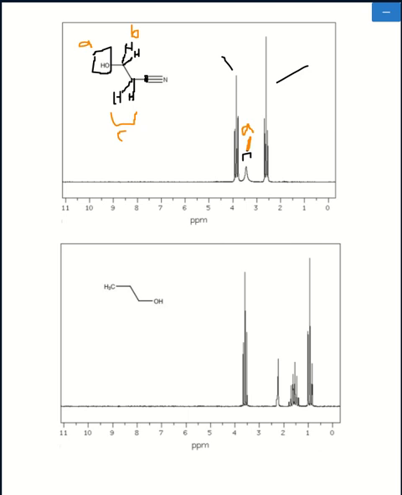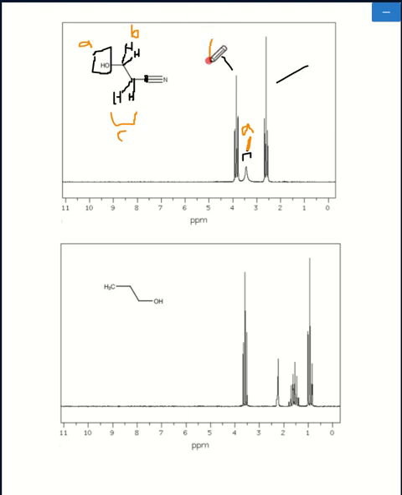You will more or less be able to use the n+1 rule for most of the other molecules. I will say right here that the hydrogen labeled as B would show up more downfield, or more to the left, because they are connected to a carbon that is directly connected to an alcohol.